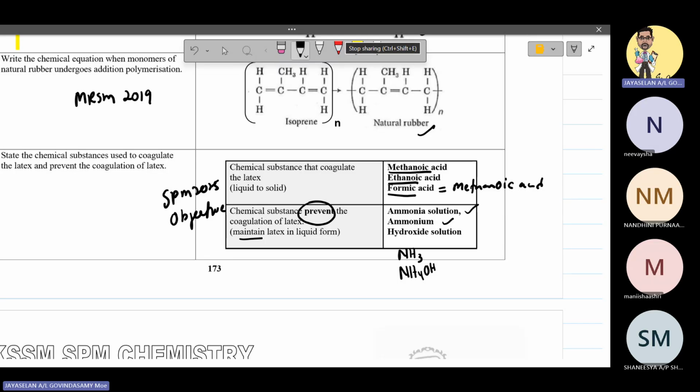If they change the question, Ali brings latex to the laboratory, they already put the word laboratory, the latex in liquid form, and he wants to add a substance to coagulate the latex, suggest the substance. There you cannot put methanoic acid. You must put ethanoic acid because they already put the word laboratory there. Understand?